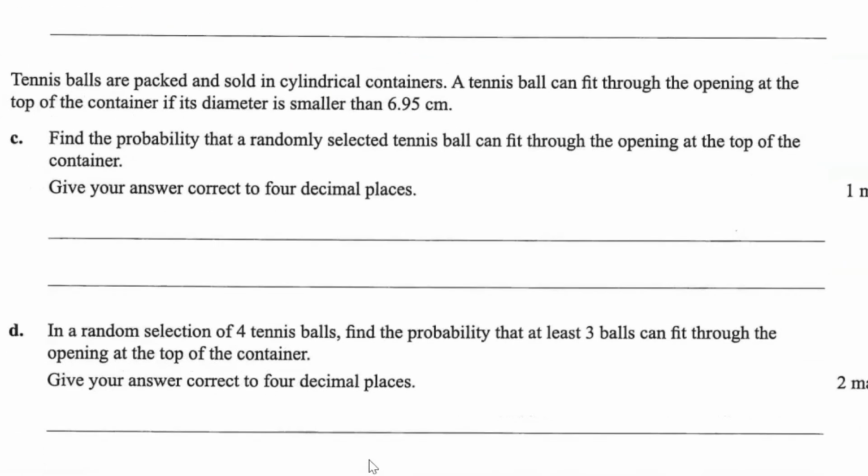Alright, tennis balls are packed and sold in cylindrical containers. A tennis ball can fit through the opening at the top of the container if its diameter is less than 6.95. Find the probability that a randomly selected tennis ball can fit through the opening. It's the normal CDF with the less than sign.